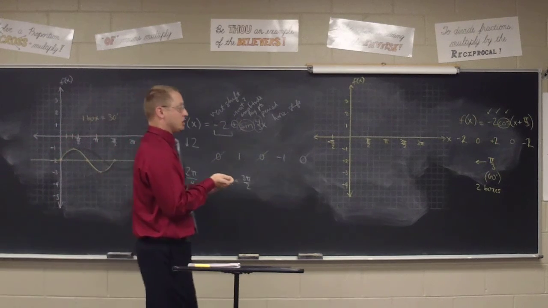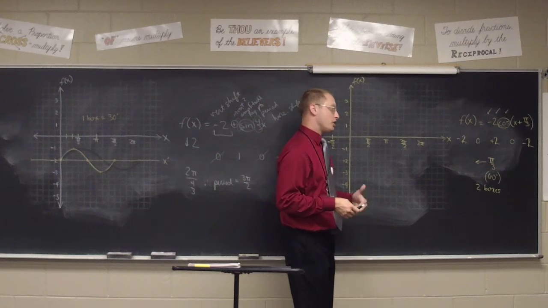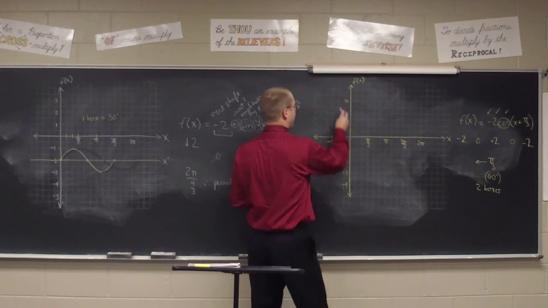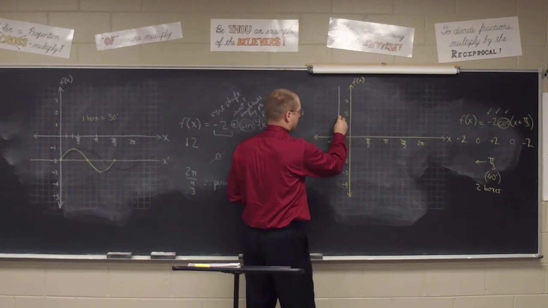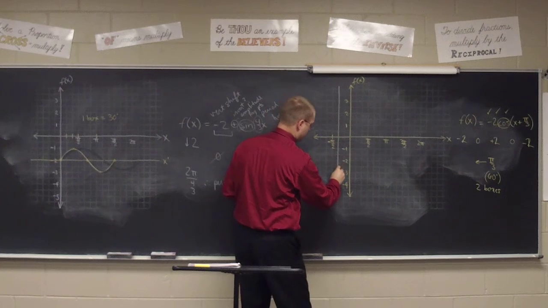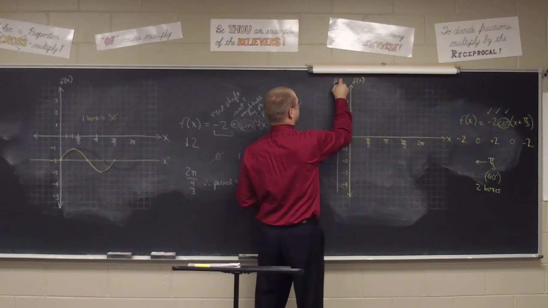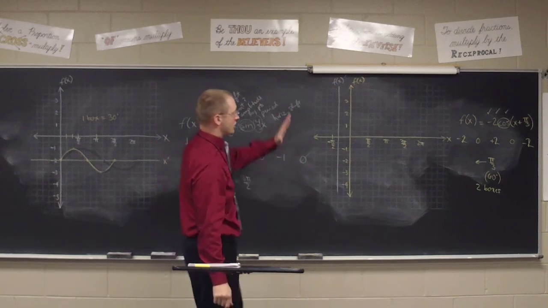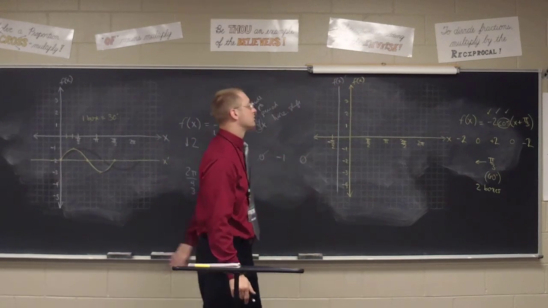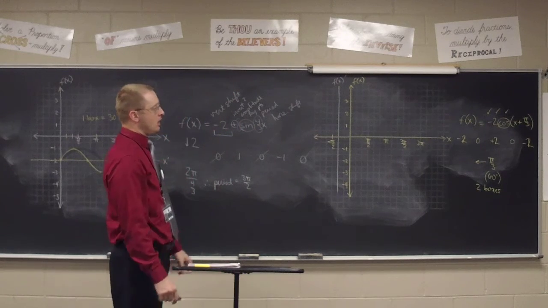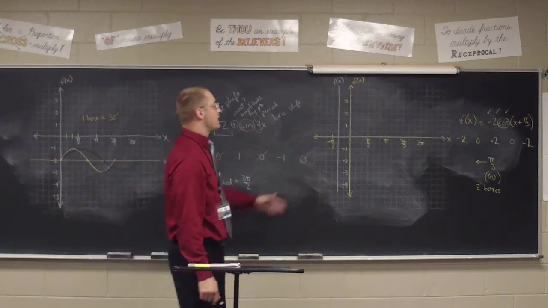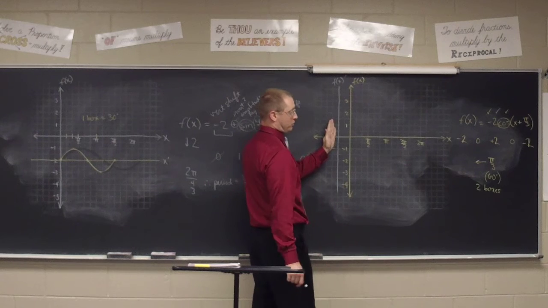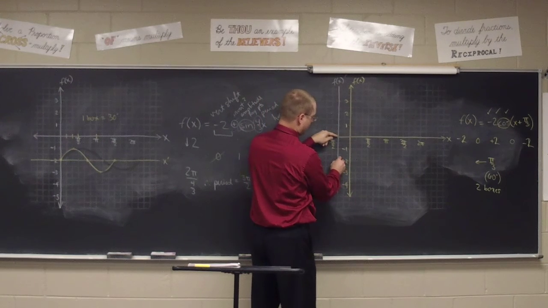And again, my suggestion would be, if you're going to shift, draw a new axis. We're going backward 2 boxes. So right through here, put an f of x prime axis. And so everything's going to start here. All right, so I start here, but I start at what f of x value? -2.